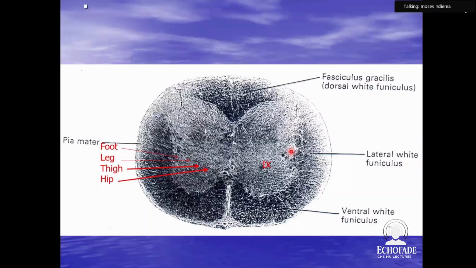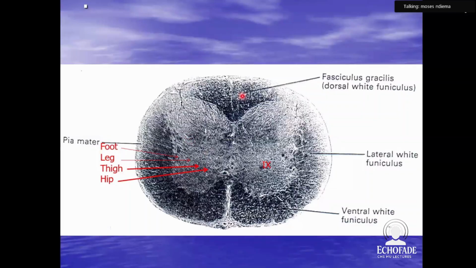I would also like you to note, using this particular section, the proportion of the gray matter and the white matter. Notice here, we have a lot of gray matter and relatively smaller white matter, and this is in the sacral part, the lower parts of the spinal cord. As we move towards the cervical region, the gray matter becomes proportionately less than the white matter.